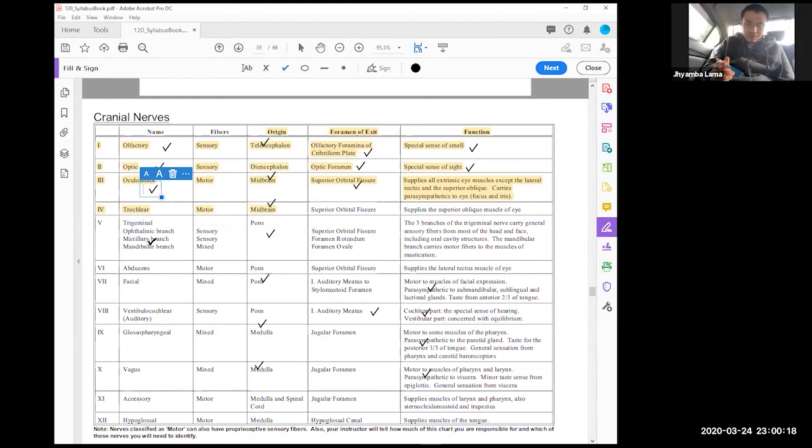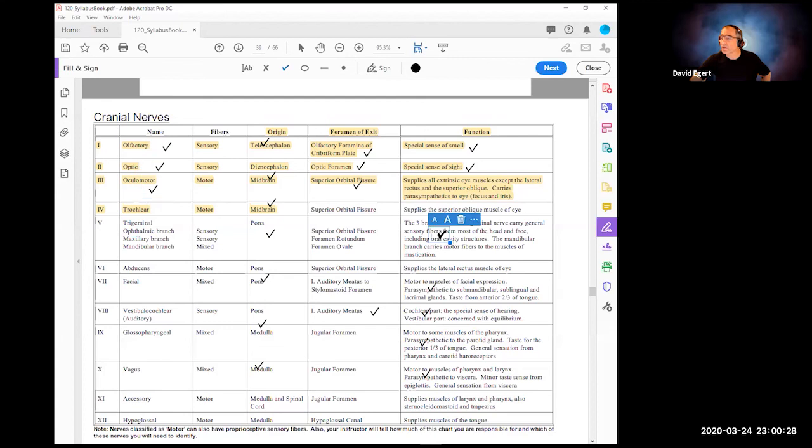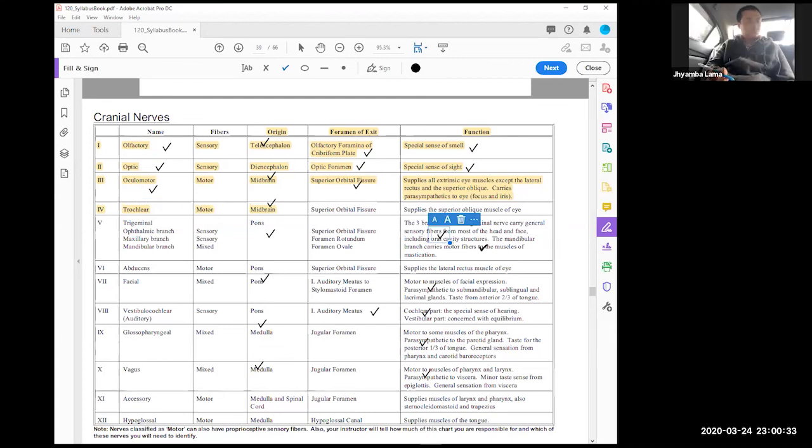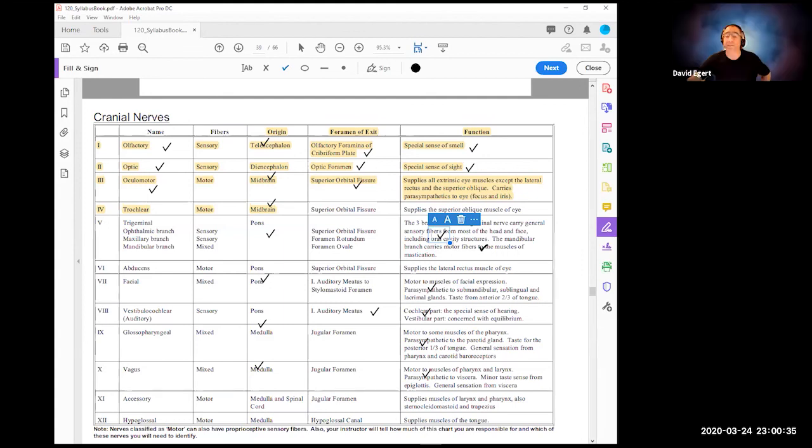Most of them are easier, but some like trigeminal and glossopharyngeal are harder. For trigeminal, you should just know that it is sensory and motor from the face. So I wouldn't get into the more nitty-gritty details on that.